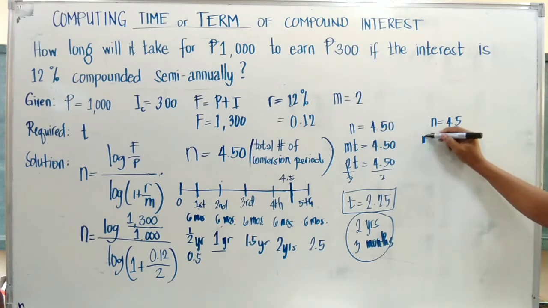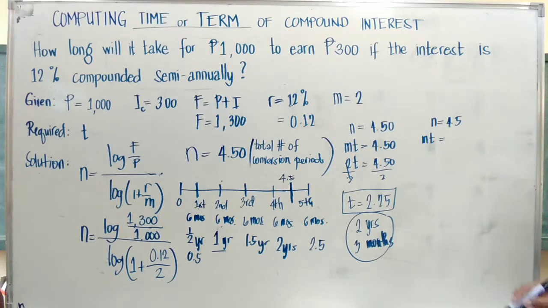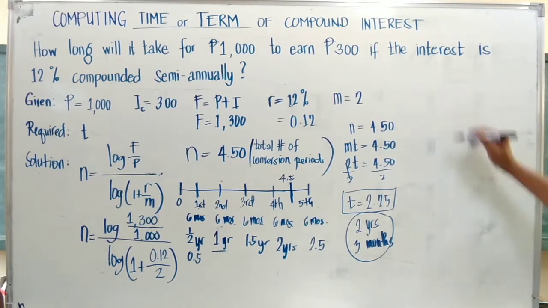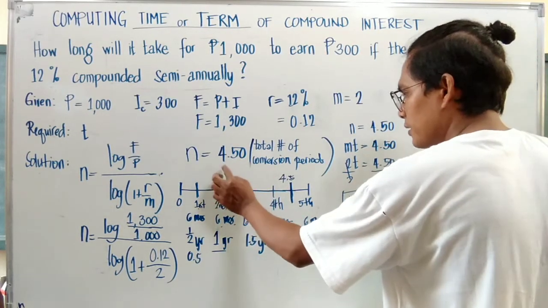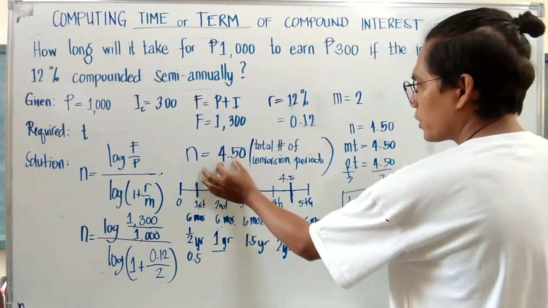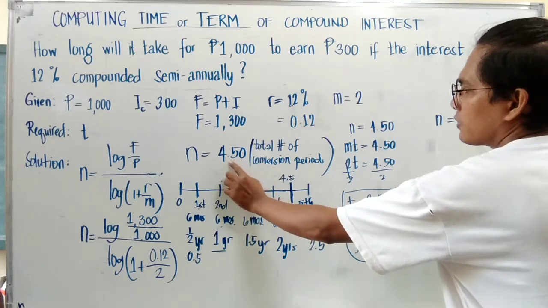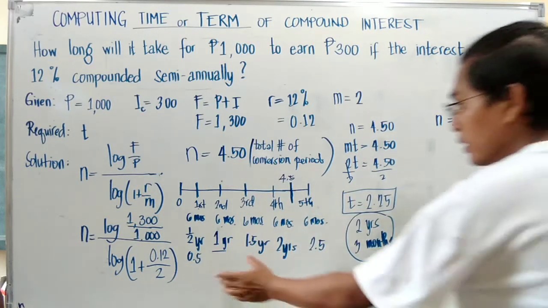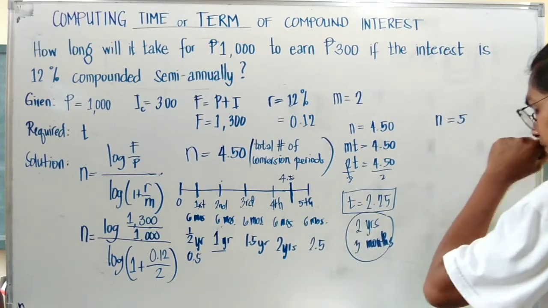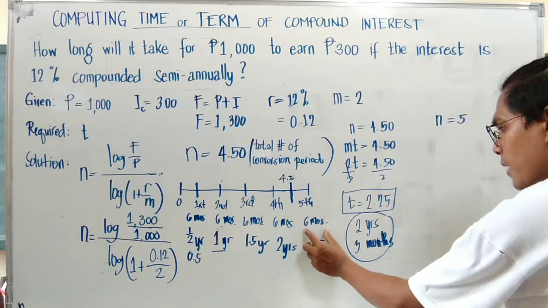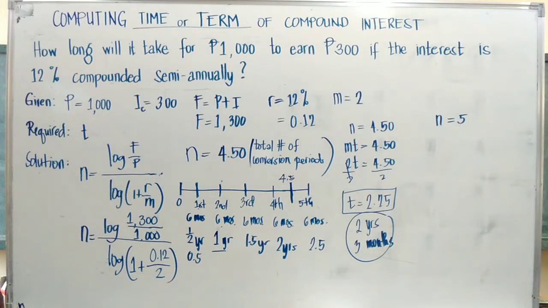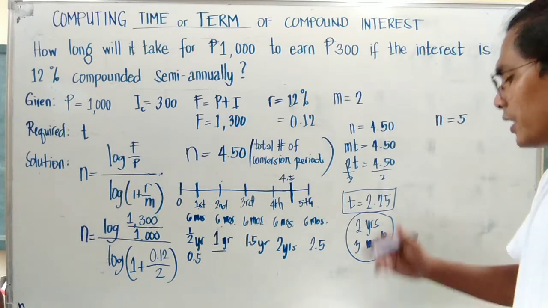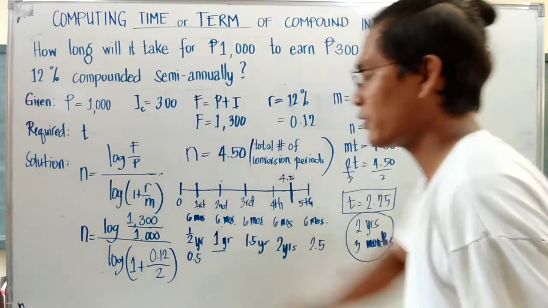Let us discuss it and differentiate. We will round it off to the whole number, 5, because we will need 5 periods of 6 months so that the interest can reach 300.